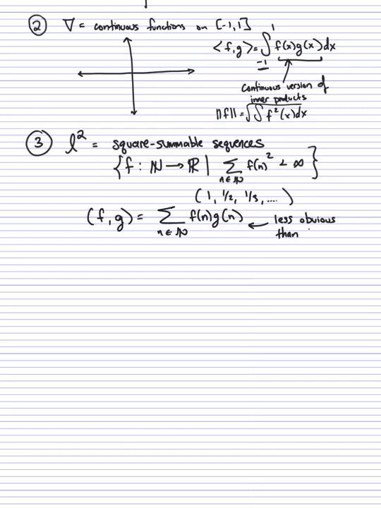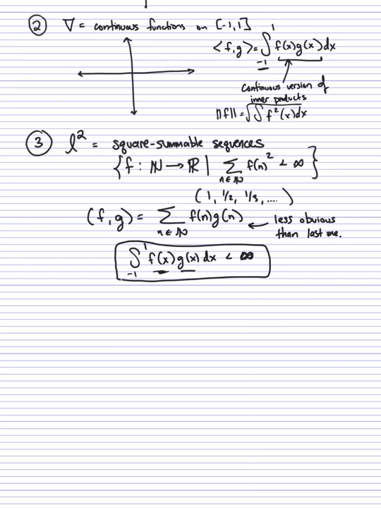Maybe I'll just say this is less obvious than the last one. Okay, so what do I mean when I say this? Well, if I take the integral from -1 to 1 of f of x g of x, this is certainly less than infinity if f and g are continuous functions. The reason is that g of x would have to be bounded, so you can give upper and lower bounds by just that bound times f.